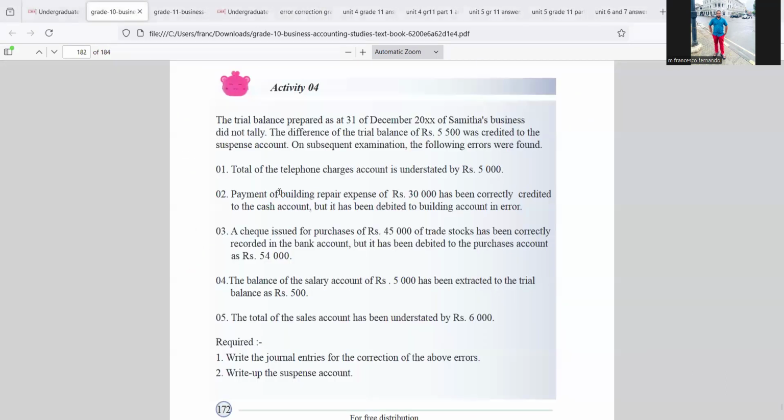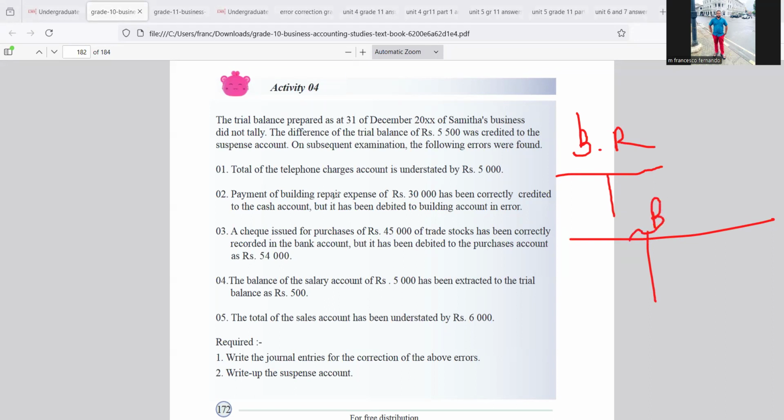Next one, payment of building repair expense, 30,000 correctly credited to the cash book, but debited to the building account in error. So this is called an error of principal. Now how to correct this? This is the building repair account and this is the building account.